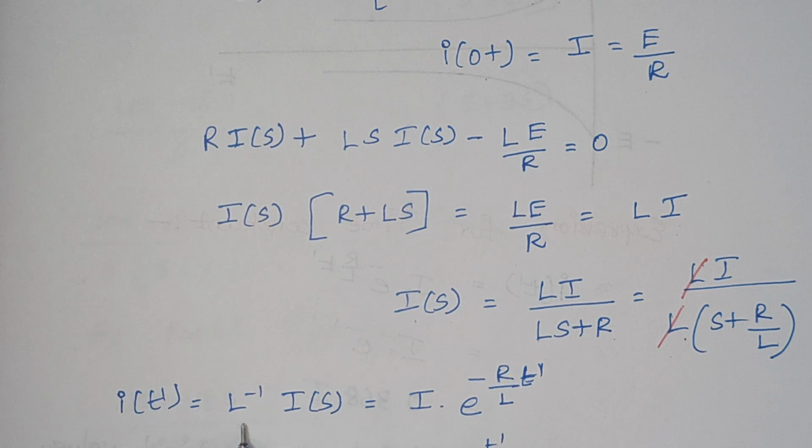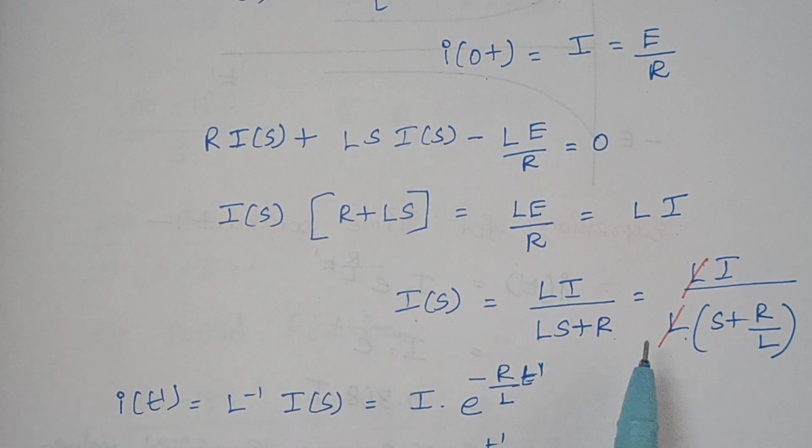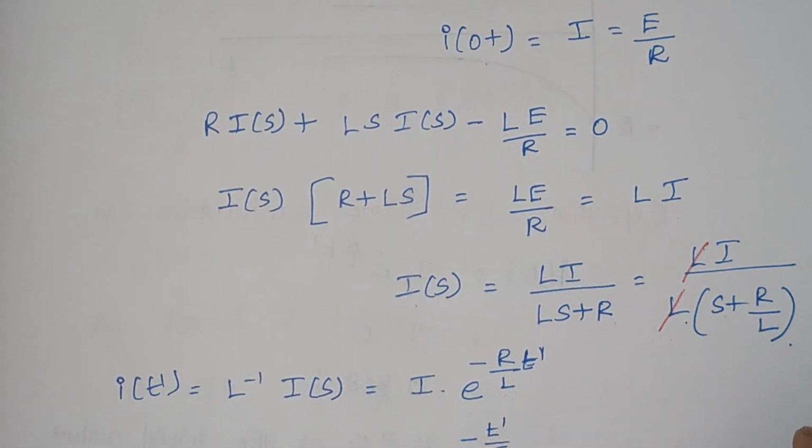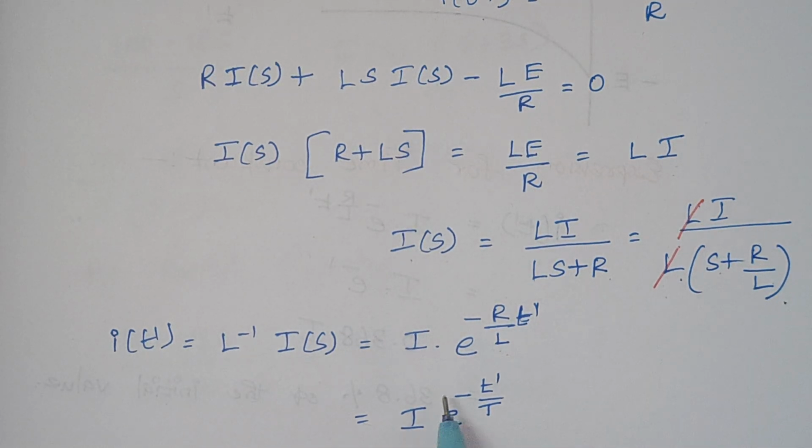Here I remains as such, and the inverse Laplace of 1 by s plus R by L becomes e power minus R by L t dash. Replacing R by L with 1 by capital T, our final expression comes like this.